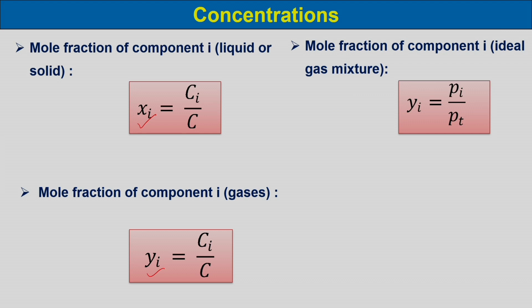The mole fraction of component i for an ideal gas mixture can be represented by y i is equal to P i by P T, where P i is the partial pressure of component i and P T is the total pressure in the system.